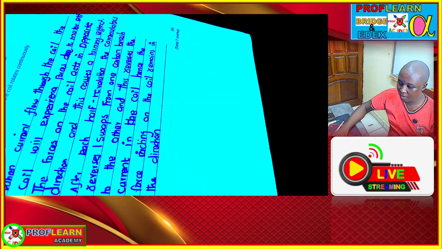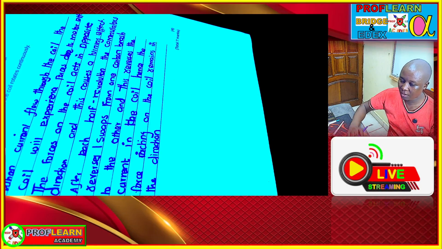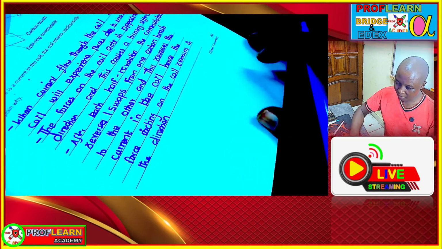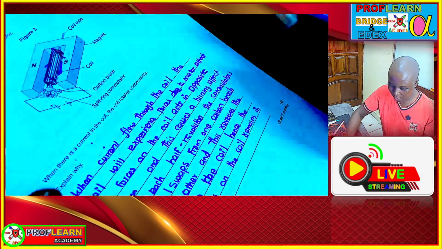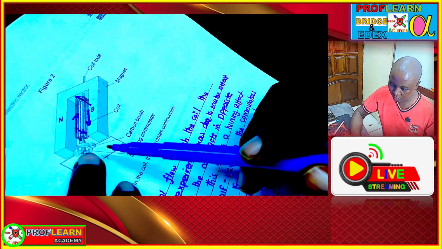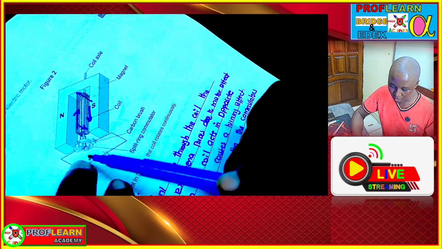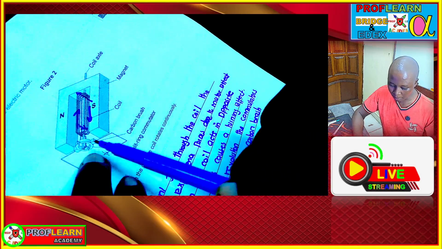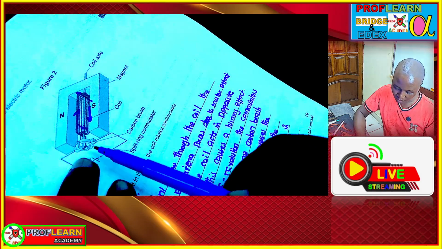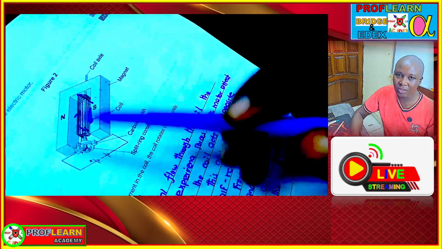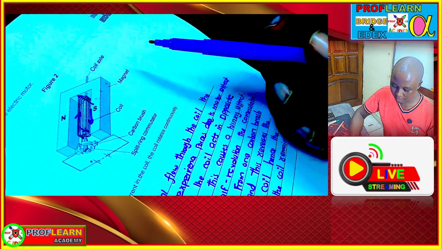So that's why basically we are saying that. I believe it's clear. Since the commutator is going to reverse the direction, it is going to swap as it rotates. This commutator that we have here will be on this other side and this one will be on the other side. So this is going to reverse the flow of current.